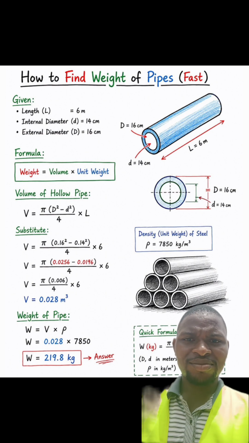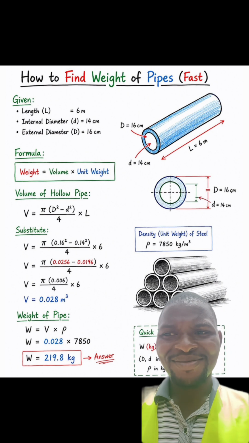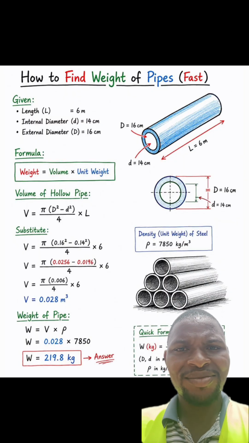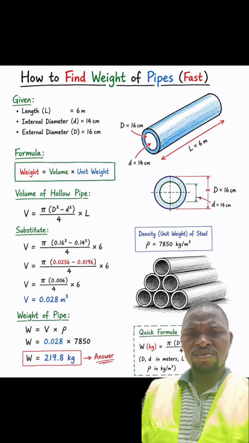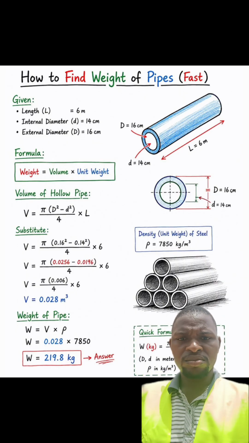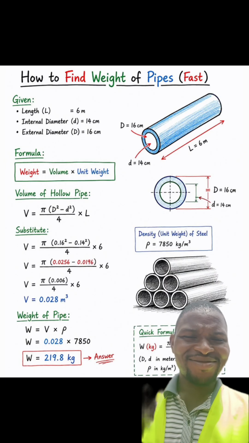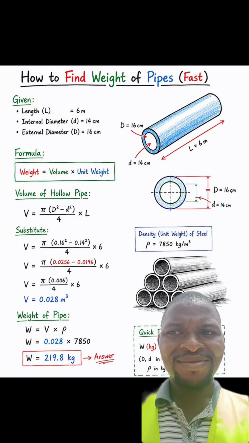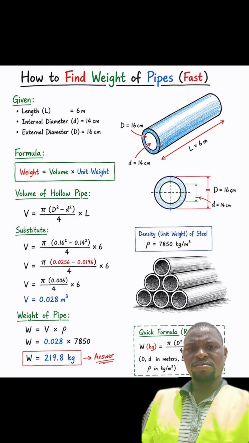So if you convert 16, you are going to have 0.16 squared minus, if you convert 14 cm, you are going to have 0.14 squared, that is in meters, then multiply by the length, which is 6 meters, over 4. When you do that, you're going to have 0.028 as your volume, that is in meter cube.